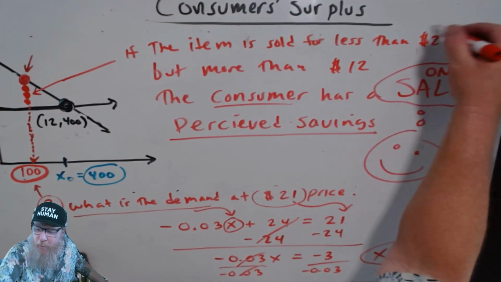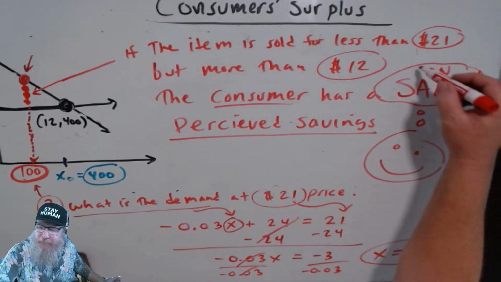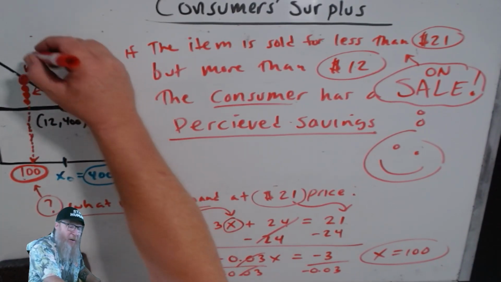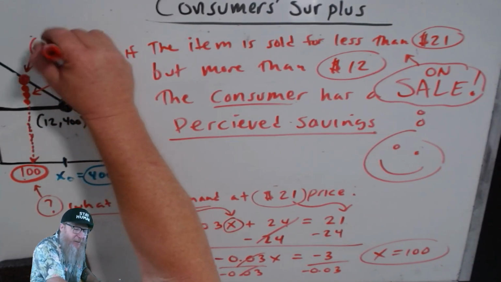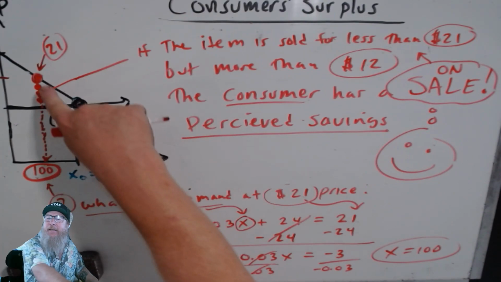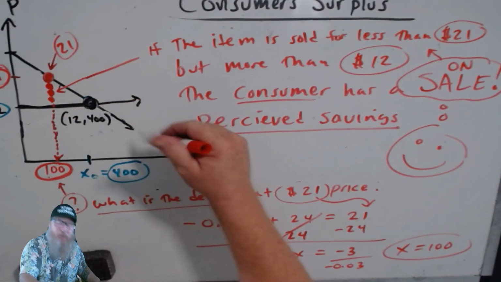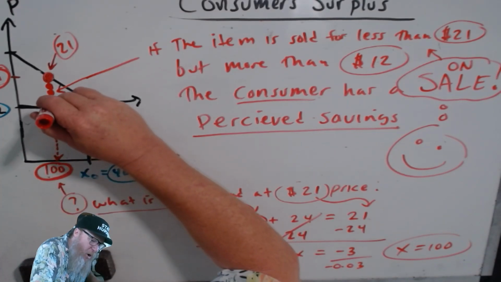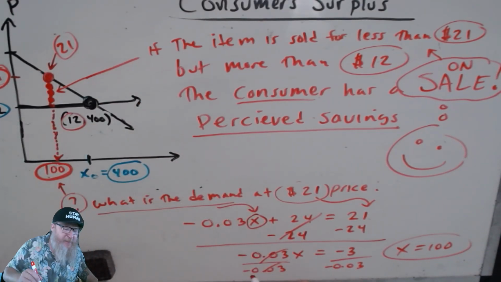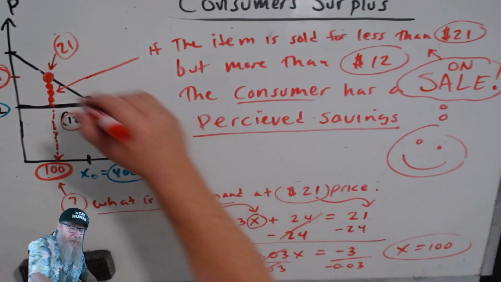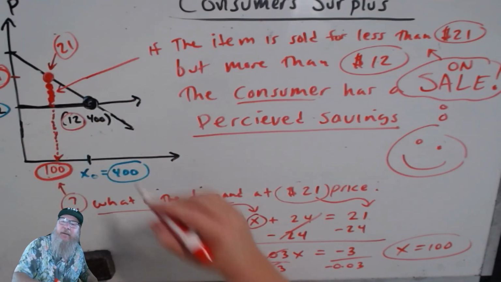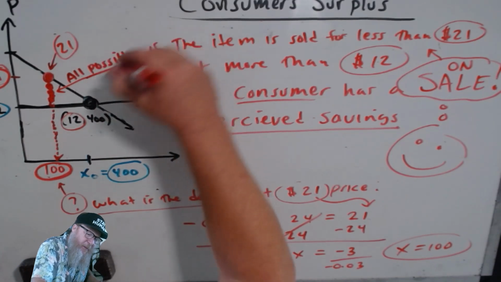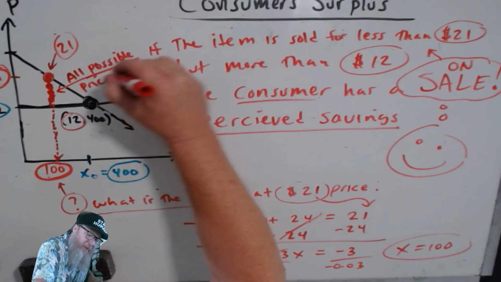Any price between 21 and 12, you can think of as saving money, because $21 is the demand price here. $12 is the equilibrium price. And you have all possible prices in between.